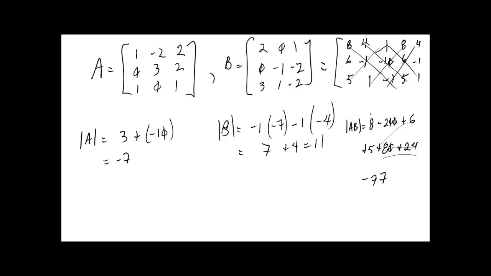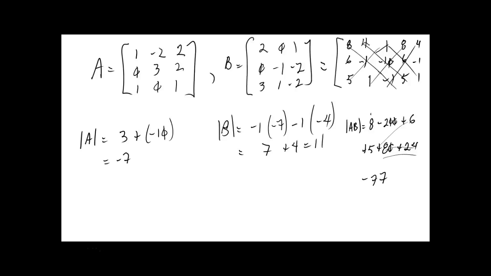However you do it. 6, 24, that would be 30, and 80 is 110. And 110 minus 200 is negative 90, and then 90 minus, yes, exactly. Using the calculator would be another option. It slows you down, but it's okay. So you get negative 77.